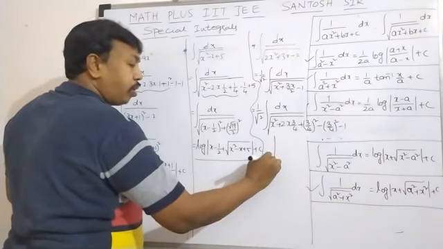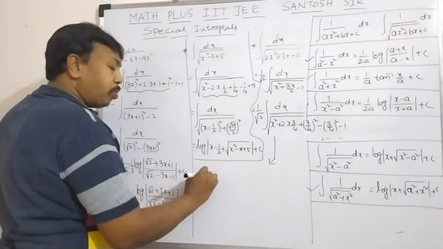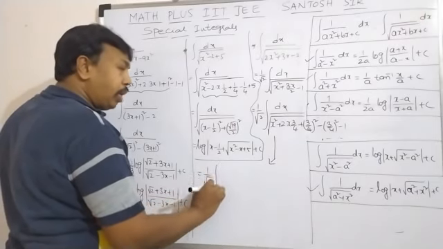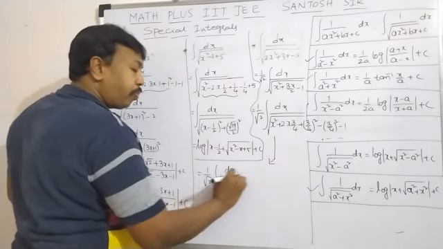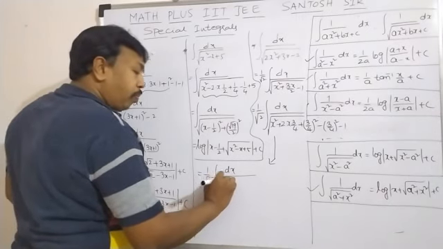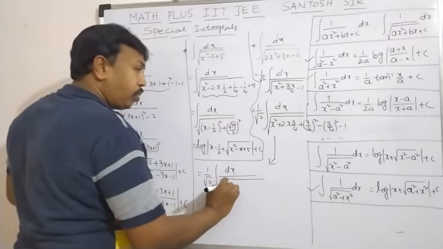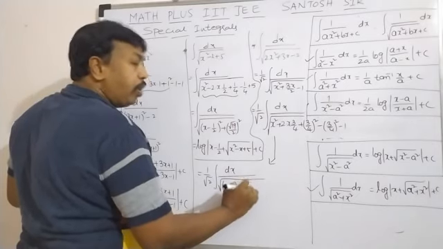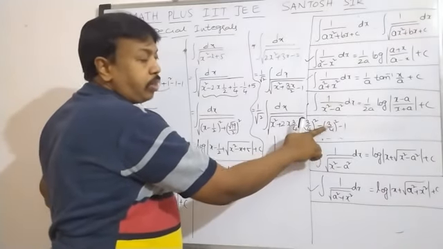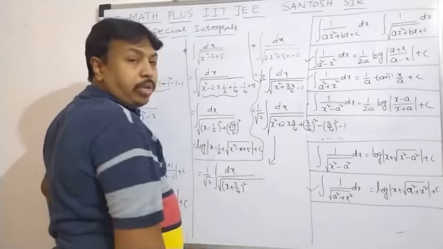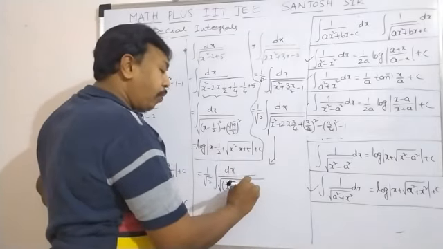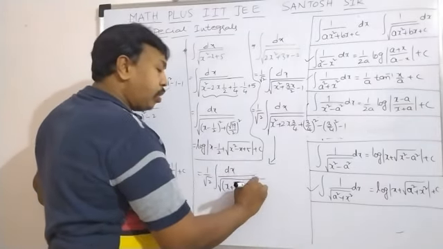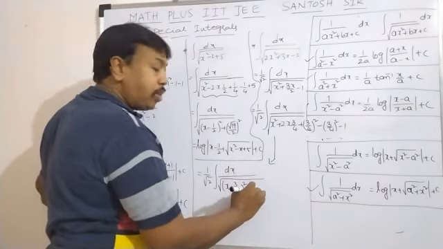So it becomes 1 upon root 2 into integral dx upon this entire thing, under root of x plus 3 upon 4 whole square. Now if I simplify this, this becomes 9 upon 16 and minus 1. If you simplify, minus 25 upon 16, that can be written as 5 upon 4 whole square.